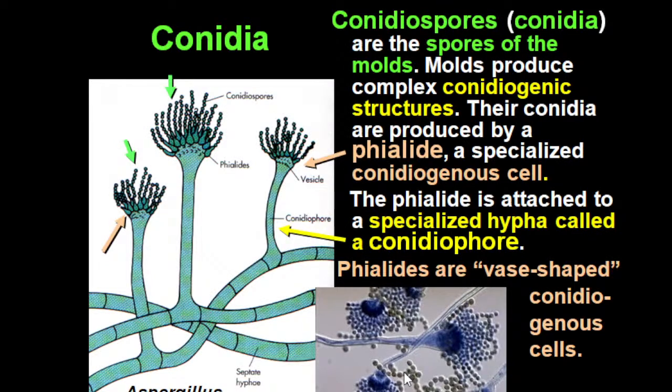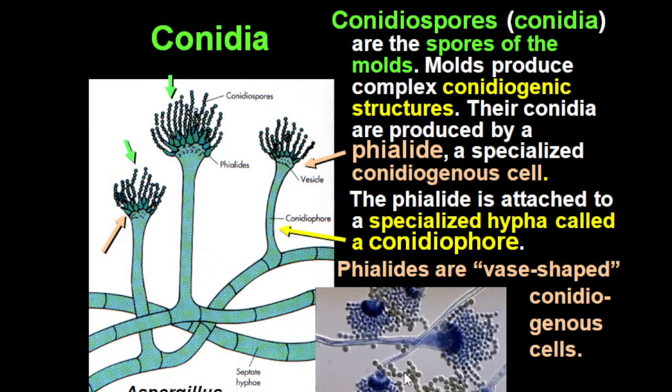So then, we mentioned that the reproductive structures are different, and the reproductive hyphae that arise from the substrate may be used as properties for differential diagnosis of fungi because they are all different. That's why we pay a bit of attention to this reproductive structure.